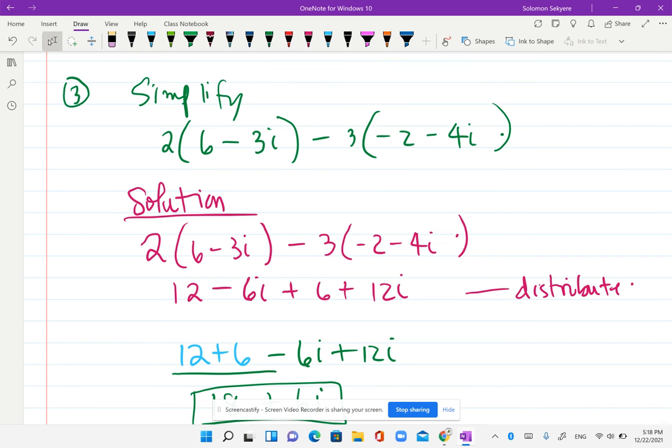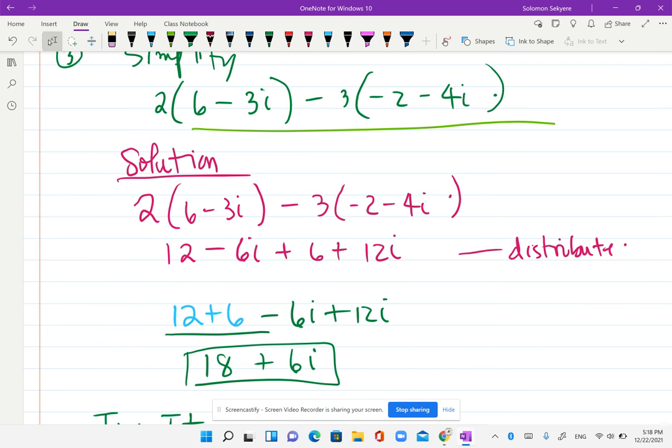What about here? It says simplify 2 parentheses. You see this right here. First, you need to distribute. So it's 2 times 6, which is 12, and 2 times negative 3i, which is negative 6i. Then you come over here. Negative 3 times negative 2 is positive 6. Be careful. And then negative 3 times negative 4i is positive 12i.